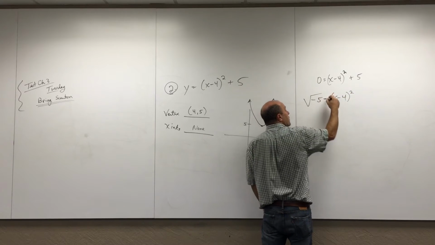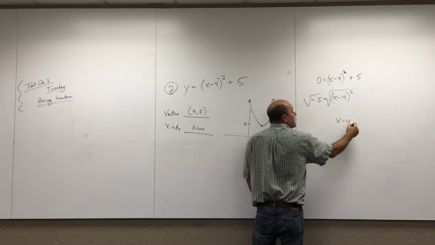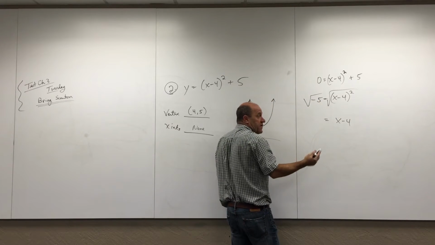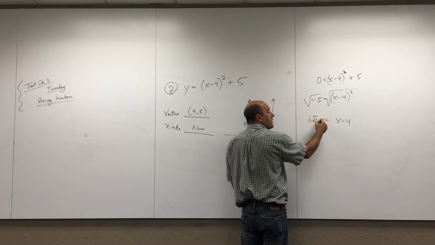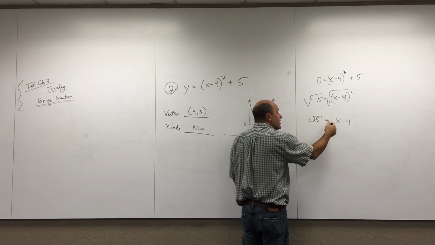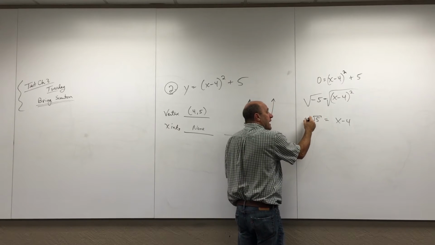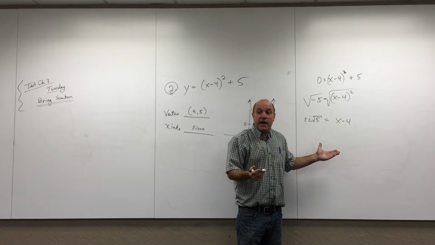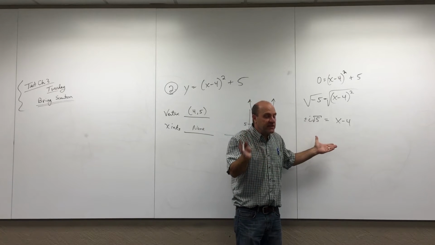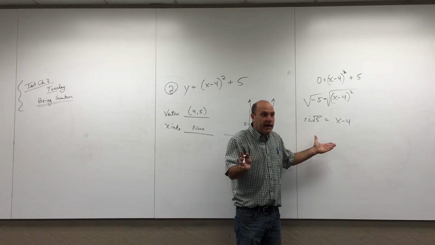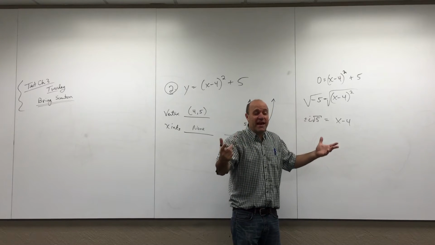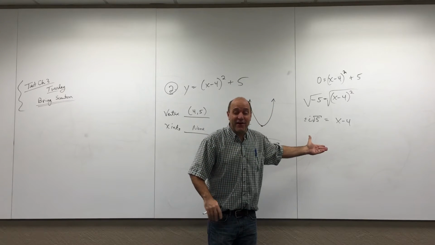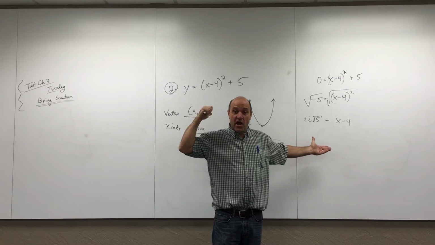And as soon as you do, you realize that you're taking the square root of a negative number. And that generates imaginary numbers. And we could keep going, but if the question is, what are the x-intercepts, you don't list these imaginary answers. If they turn out imaginary, the answer is none.